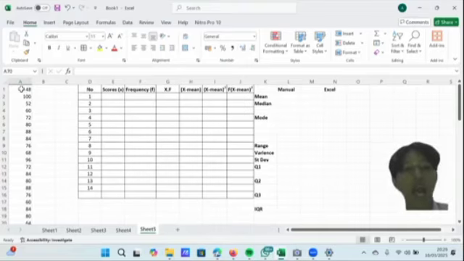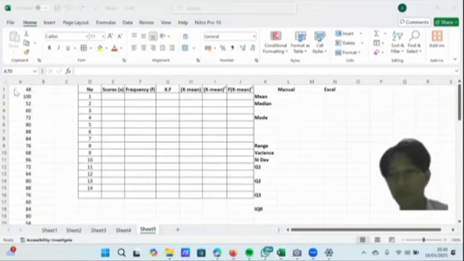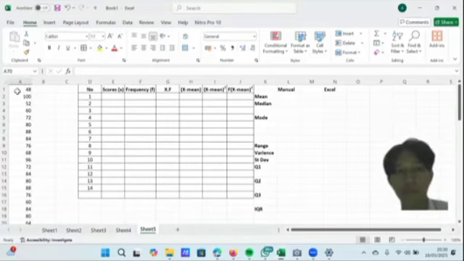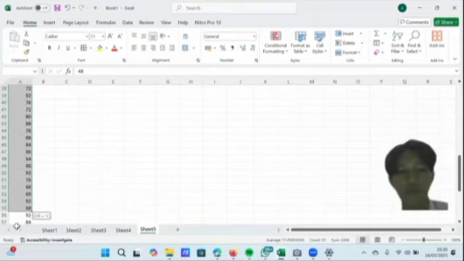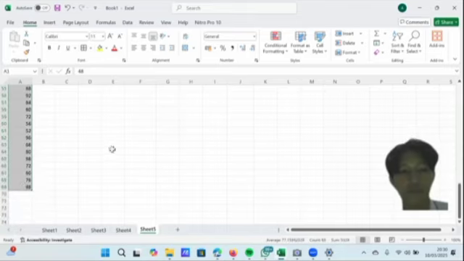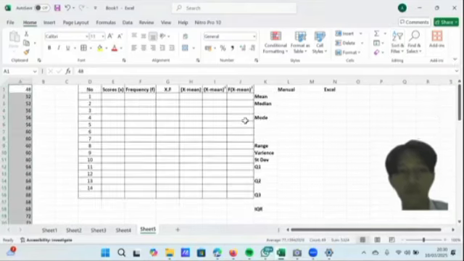The first is I have the raw data here, and we're going to arrange them from smallest to largest with sort and filter.